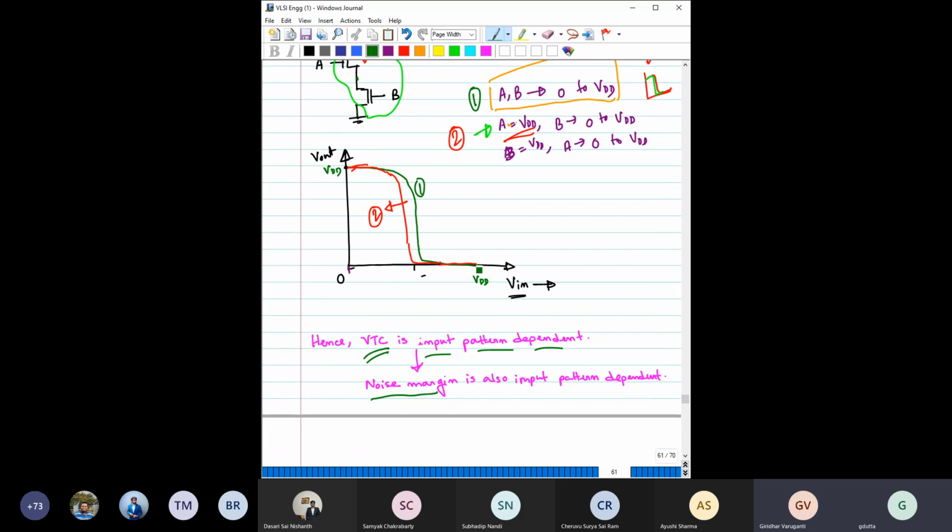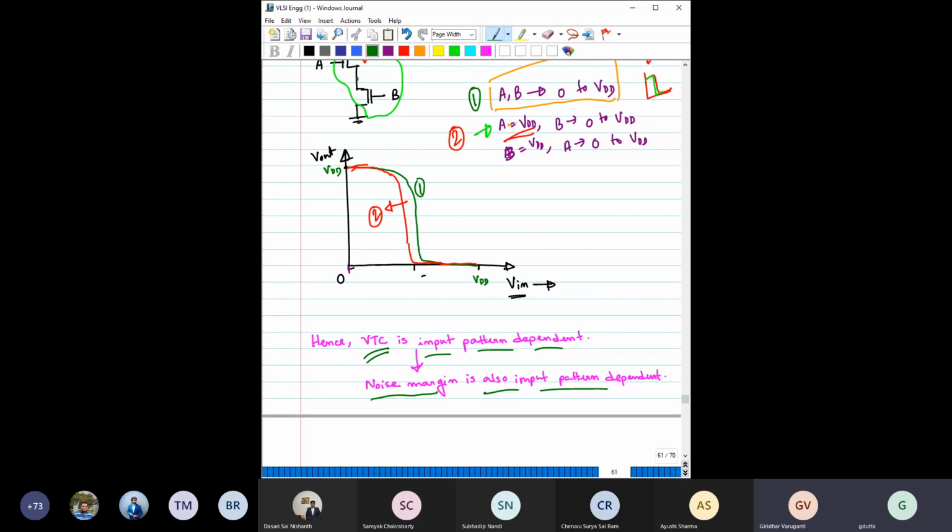Now, if the VTC is changing, please recall our initial analysis, what is happening to the noise margin, right? Noise margin low, noise margin high. So basically we are changing the noise margin as well if this VTC is shifting. So for this NAND gate, when the number of inputs is more than 1, the noise margin is also dependent on the input pattern, right? See, this is the beauty here. For an inverter, it is always fixed once you have designed it.